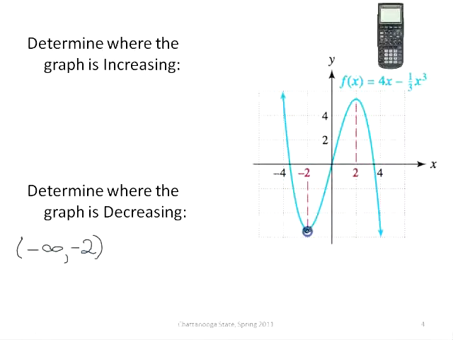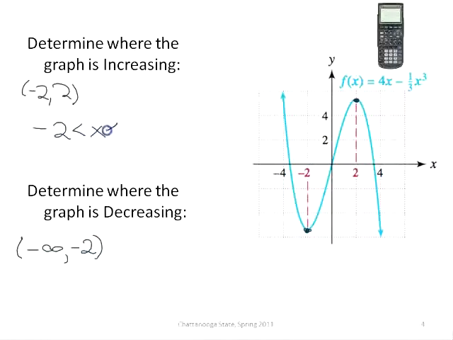Now once I get past -2, the graph increases. So my increasing interval will start at that same -2, and then it stops increasing when I get to here. So that is an x value of +2. So the interval where it's increasing is -2 to +2.